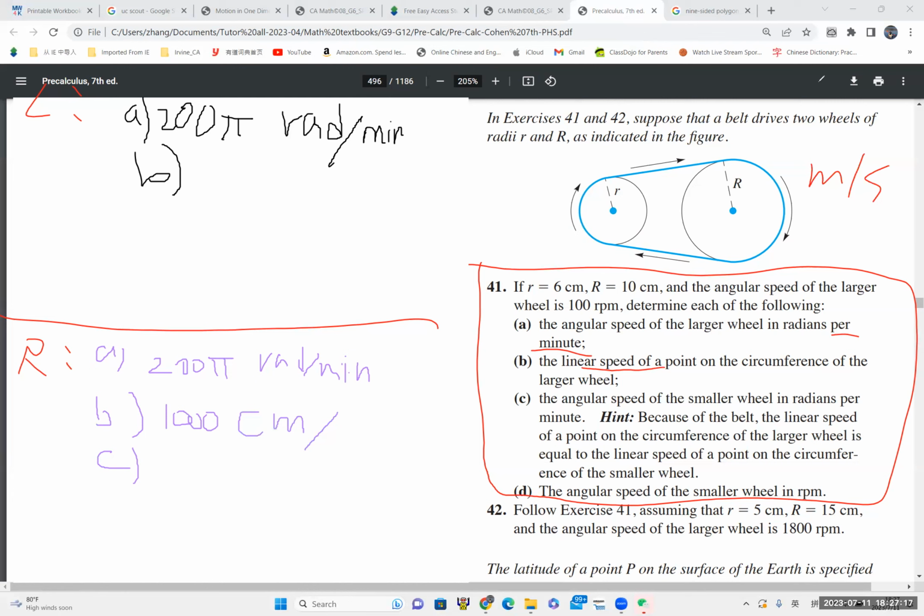But you can choose your own unit, just stick with this. Centimeter per minute.